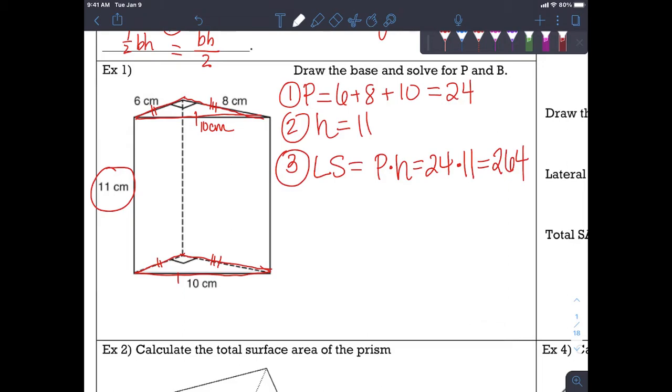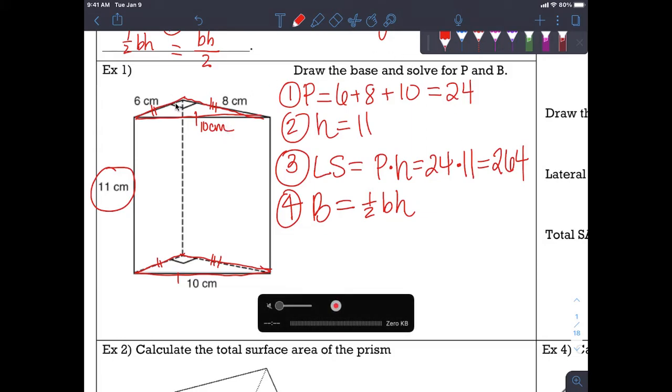All right, so I have my lateral surface area, but I want to continue on to find my total surface area. So step 4, I'm going to find the area of my base. For this one, it's 1/2 base times height. I'm going to look at my triangle here. I always look for which one is going to be the easiest.